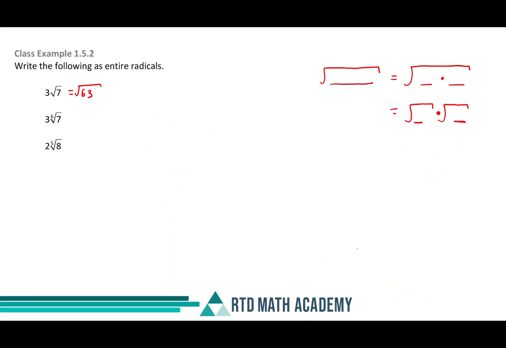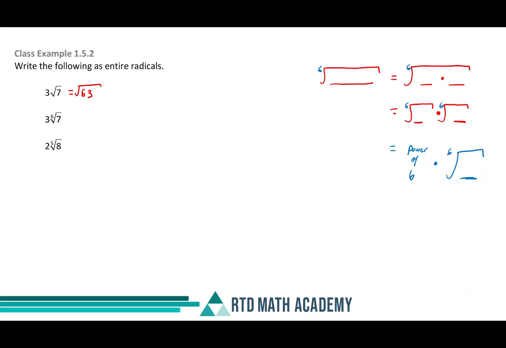Okay, let's look at 3 multiplied by the 6th root of 7. We can still write this as an entire radical, but this time it's not the square root, it's the 6th root. So I'm looking for a 6th root all the way along here. And instead of a perfect square, we have a perfect power of 6. And then I'm going to multiply by that 6th root of something.